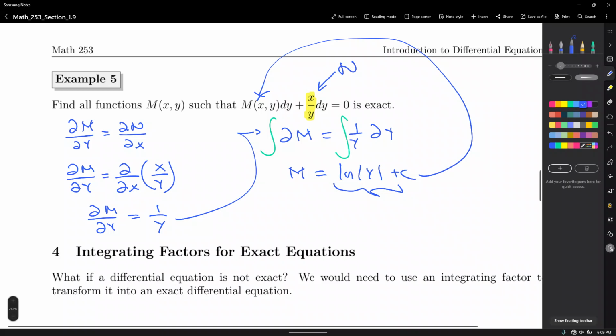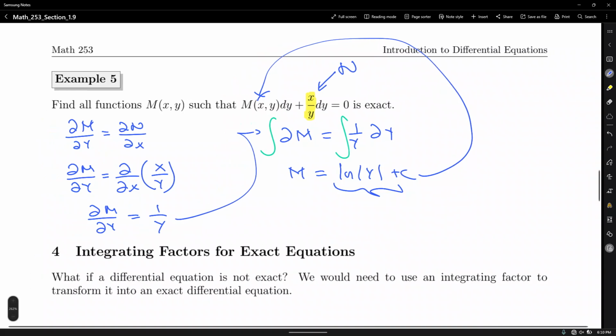The question here is, what if an equation fails the test for being exact? What do we do in that case? Well, we would need to find an integrating factor. Remember what we did with linear first order differential equations?